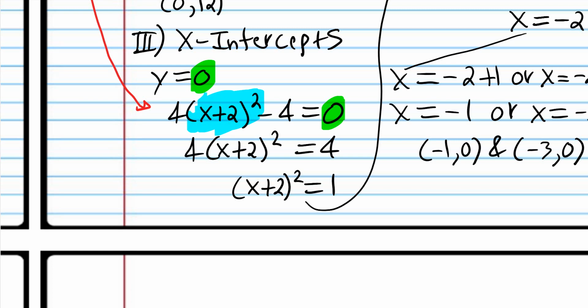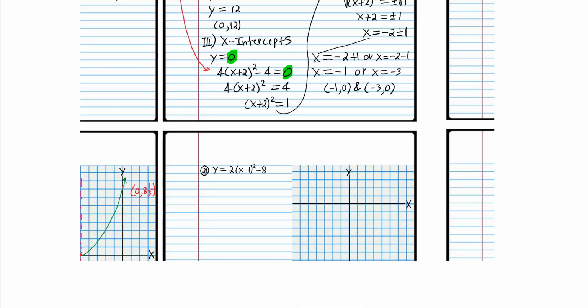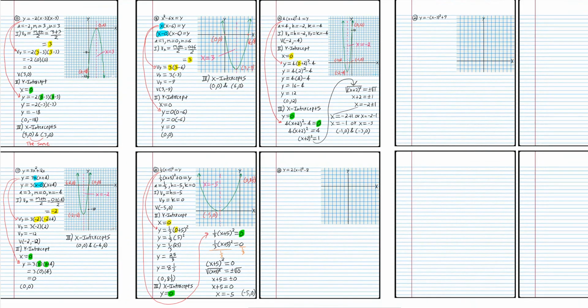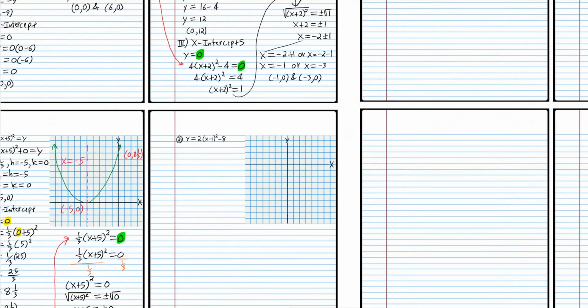So in this case, we had to get rid of the 4 here and the 4 here. And then once you've done that, you have to square root both sides and so on and so forth. So go ahead and try number 21. And when you come back, we'll do it together. All right, we're back.